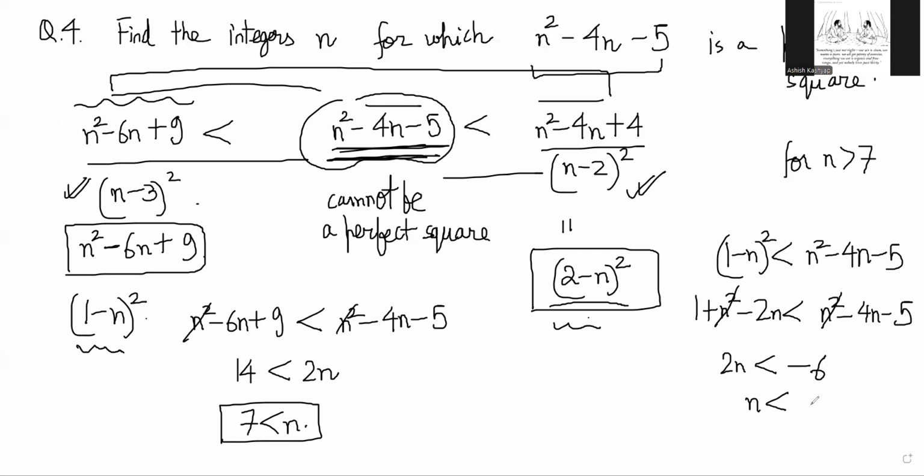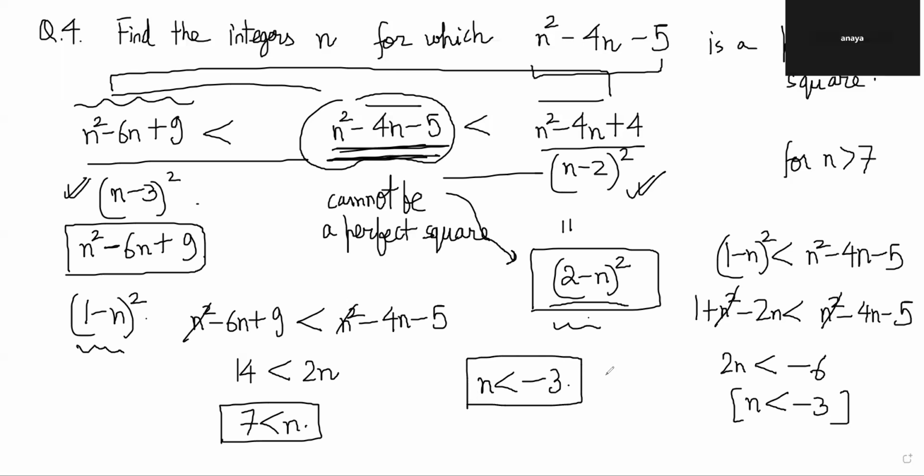So n is less than minus 3, right? And now the other side is anyway always valid. So the intersection of the two solutions is n is less than minus 3. So basically for n less than minus 3 also, it cannot be a perfect square, right?